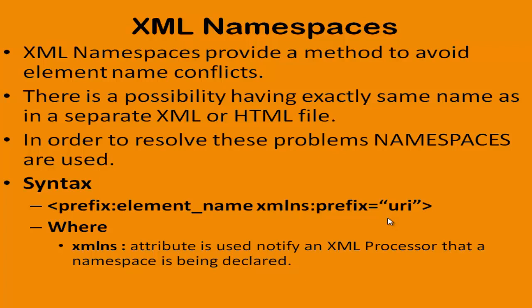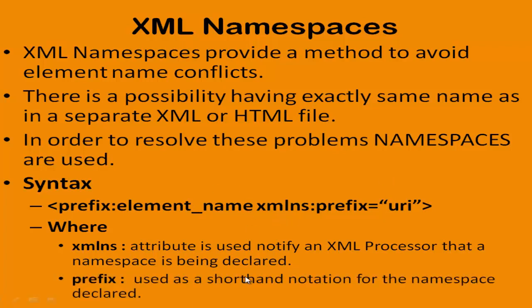Only if you use the xmlns attribute is your parser able to know that a namespace is being declared. And you already know the prefix is a shorthand notation for the declared namespace. We need not use the namespace name often. Instead, we can use just this prefix.